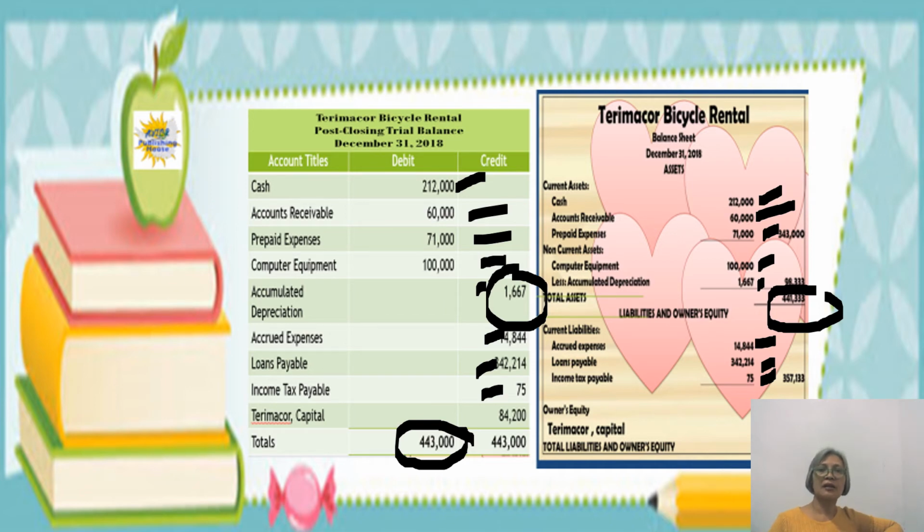So these are the accounts in the post-closing trial balance, and these are the accounts in the balance sheet, which are perfectly similar because the data coming from the post-closing trial balance are the data used in the preparation of the balance sheet.